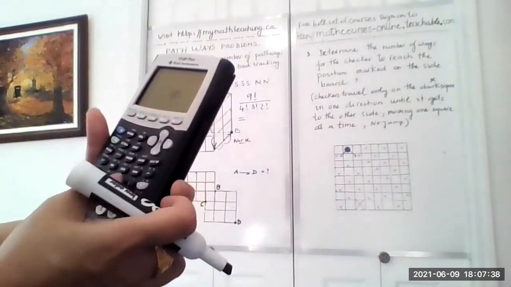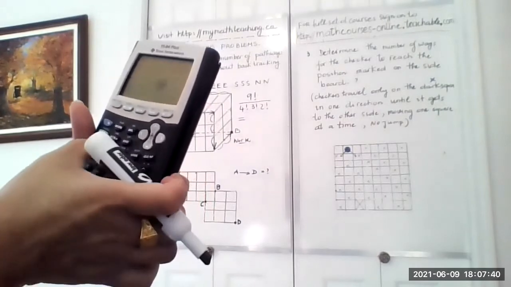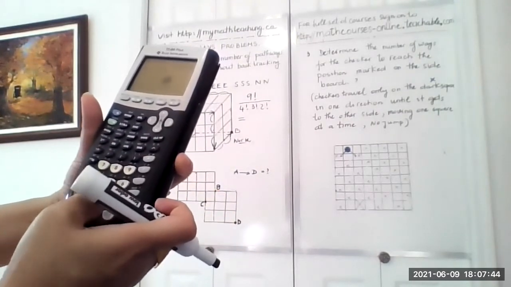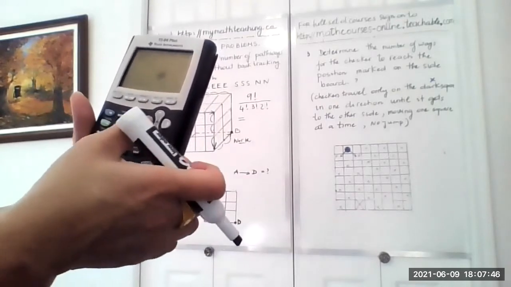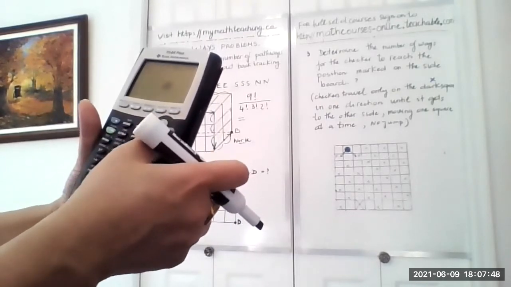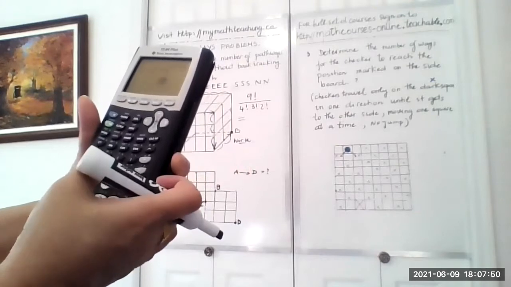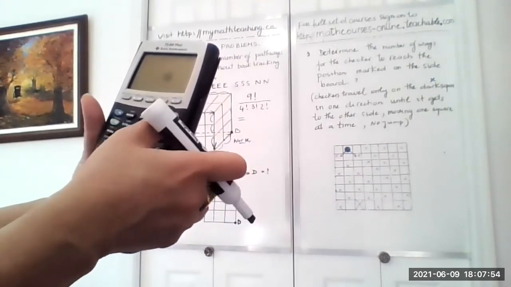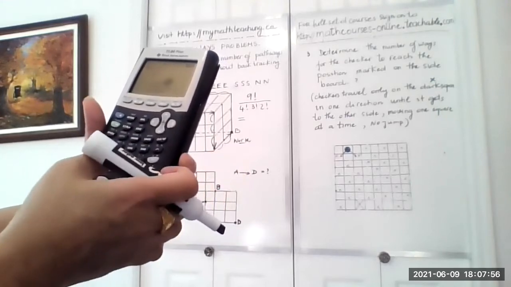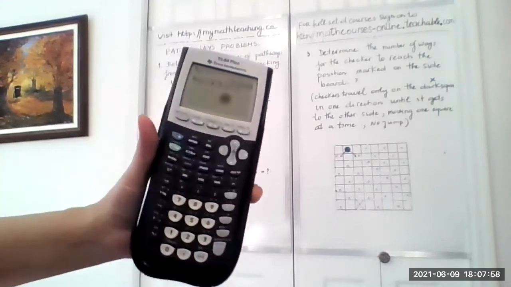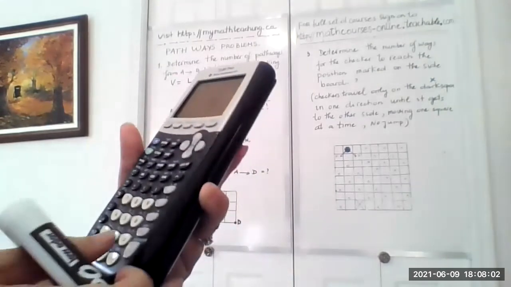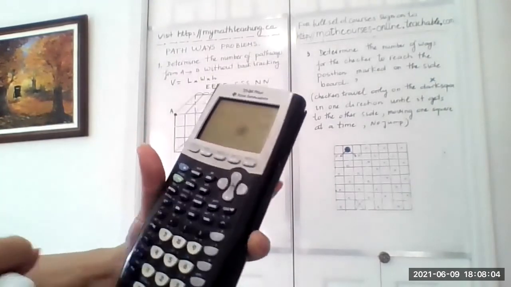Now we're going to divide it by 4 factorial, and divide by 3 factorial, and another 2 factorial. So now we close the bracket, and that should be on your calculator, and we enter.